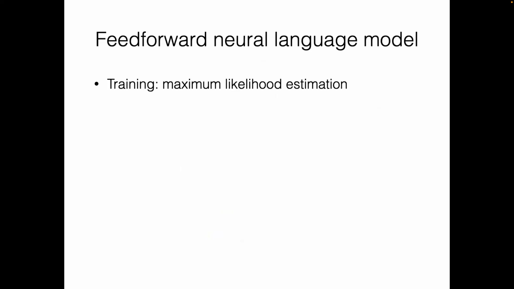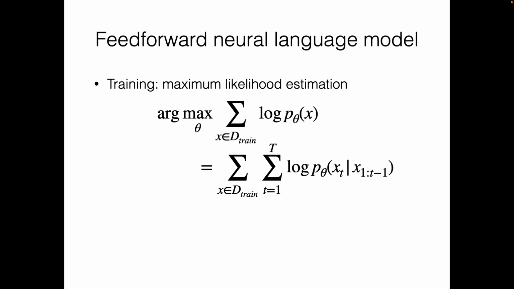Okay, so now to train this, we're going to use maximum likelihood estimation. Again, we want to find the parameters that maximize the likelihood under the model of this training data set. What we can do is use the fact that this is an autoregressive model, so this will be the log of this product of the next token distributions.